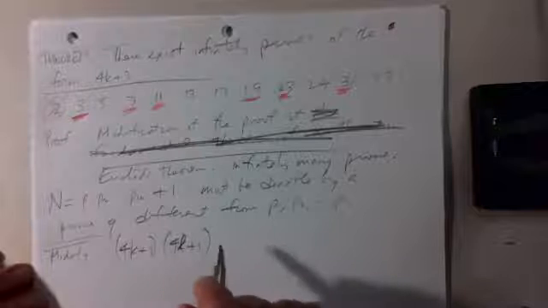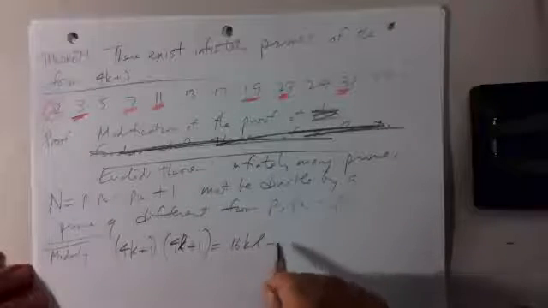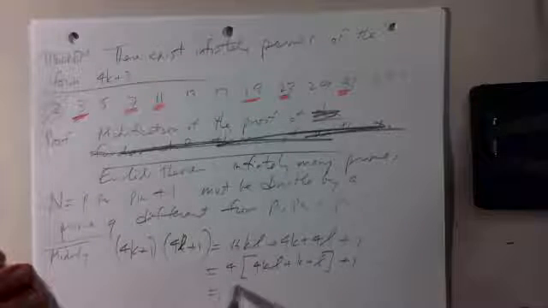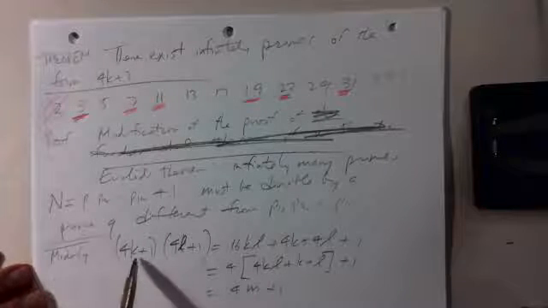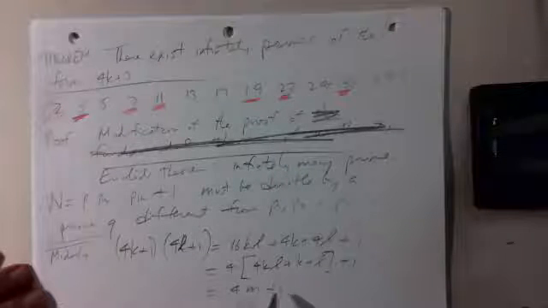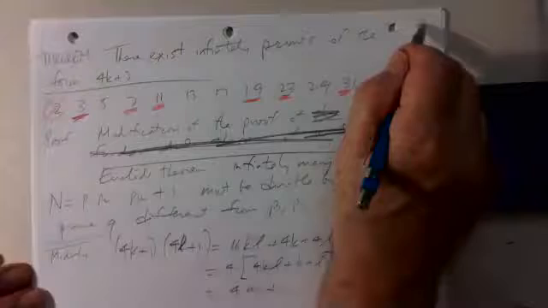If you multiply these two numbers together, you get 16kl + 4k + 4l + 1, which is 4 times the integer 4kl + k + l, plus 1. So this is 4 times some number m, plus 1. This says that a product of numbers that have a remainder of 1 when you divide by 4 is another number that has a remainder of 1 when you divide by 4.